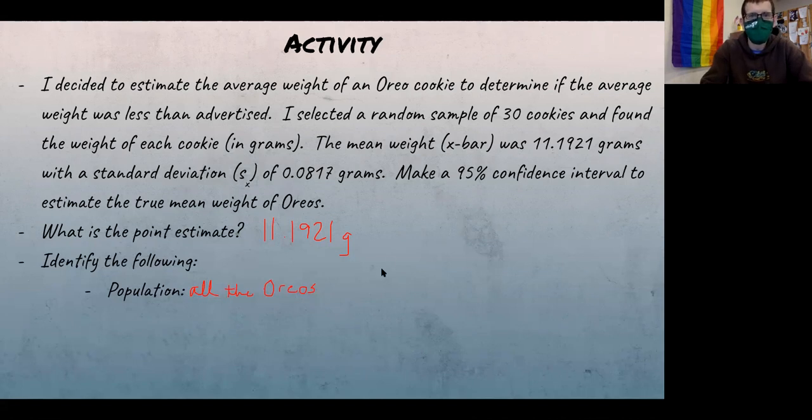Okay. Now, maybe it's worth it right here to talk about, I keep saying we're doing inference, right? But what does that actually mean? We have a sample of 30 cookies and we're trying to draw some kind of conclusion about all the Oreos that exist based on just 30 of the Oreo cookies. And so that is inference. We have deductive logic, we have inductive logic.